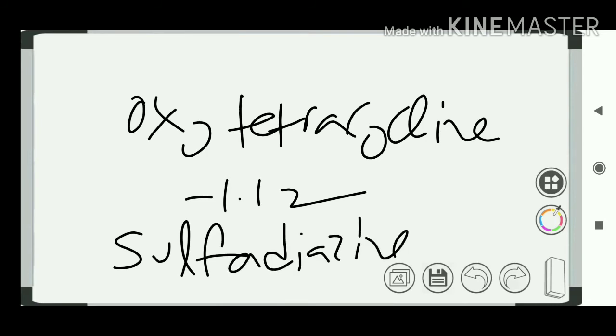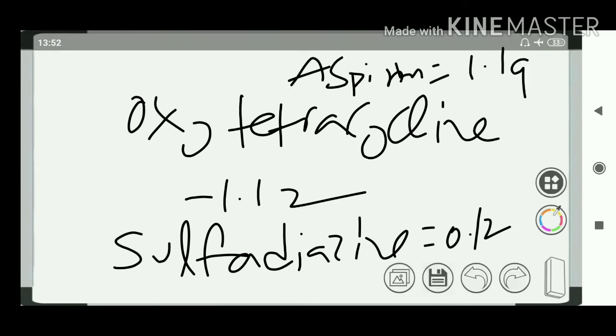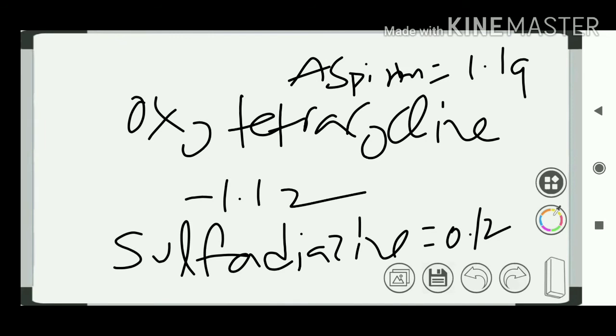Sulfadiazine has a positive value of 0.12. Similarly, aspirin has almost 1.19, benzylpenicillin 1.83, and lidocaine 2.26. So these are the values.